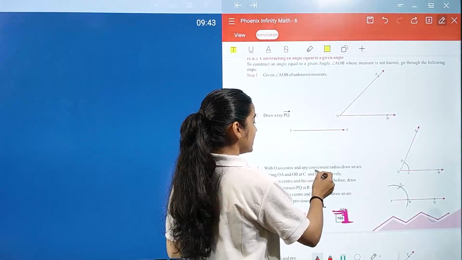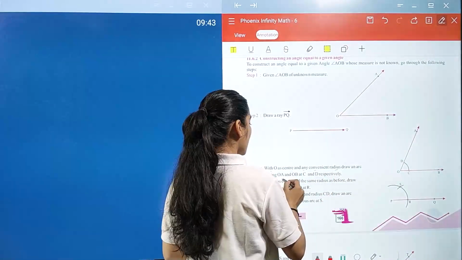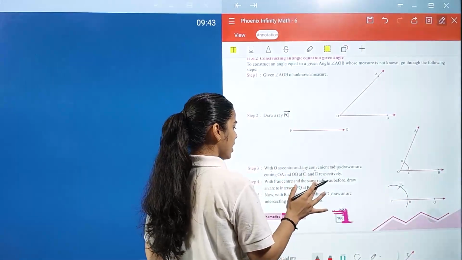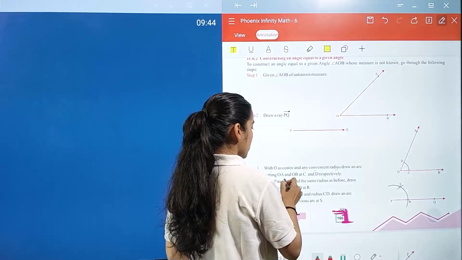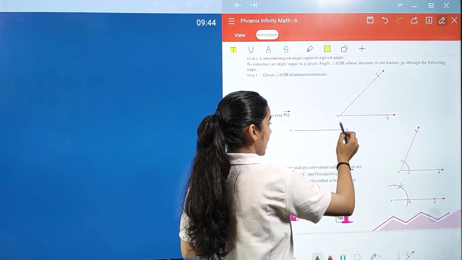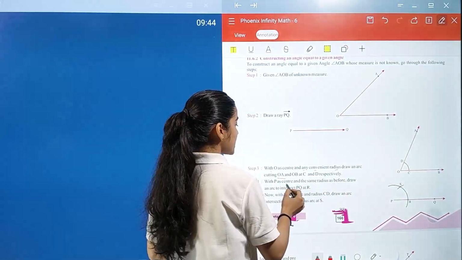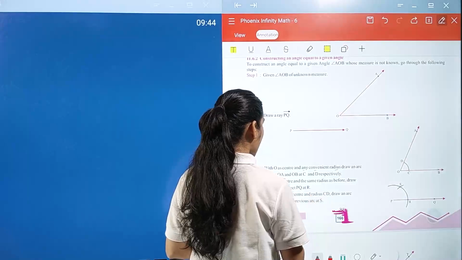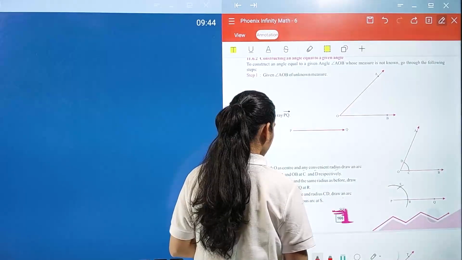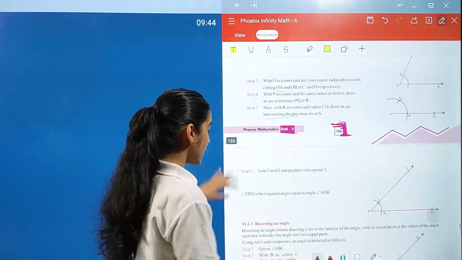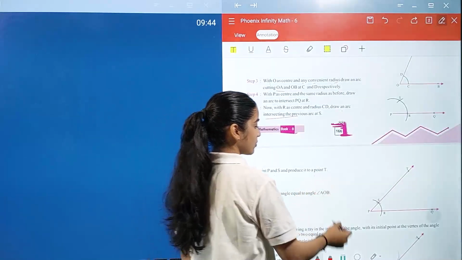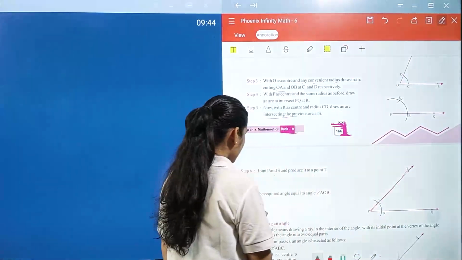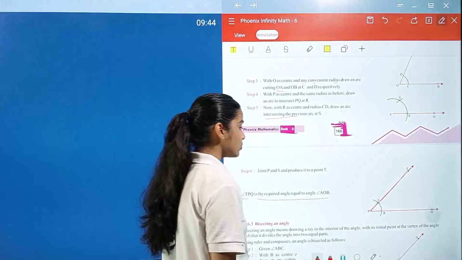With O as center and any convenient radius, draw an arc cutting OA and OB at C and D. With P as center and the same radius as before, draw an arc to intersect PQ at R. Now with R as center and radius CD, draw an arc intersecting the previous arc at S. Join P and S and produce it to T. So you have to join PS and extend it till T. So TPQ is the required angle equal to angle AOB.